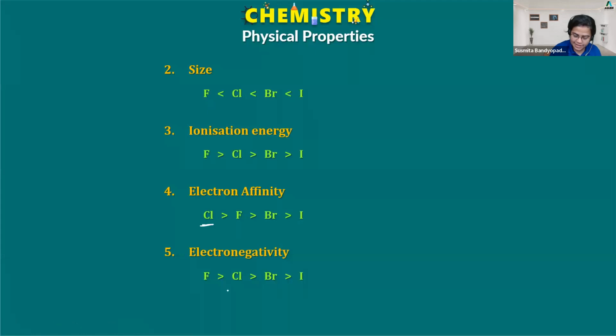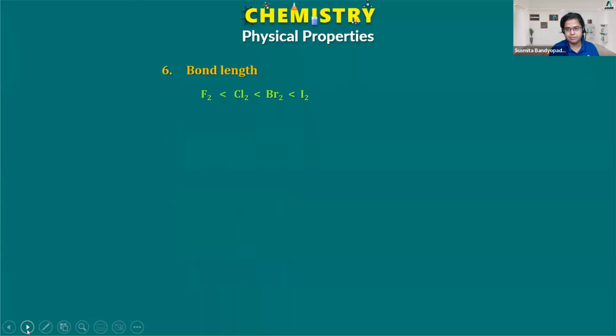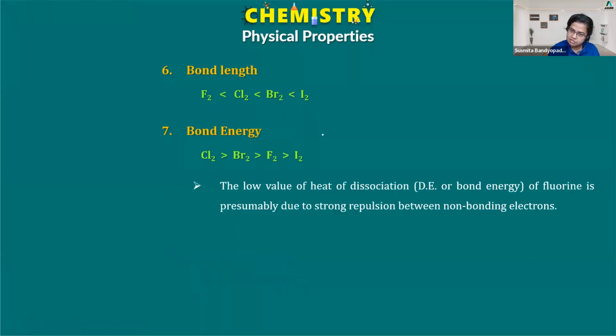Electronegativity, no doubt, fluorine is the highest and it decreases regularly. Any anomalous behavior you find, now or later, let me know. Bond length depends upon size, but in bond dissociation energy fluorine goes much lower in the sequence because of the very strong repulsion between the non-bonding electron pairs.